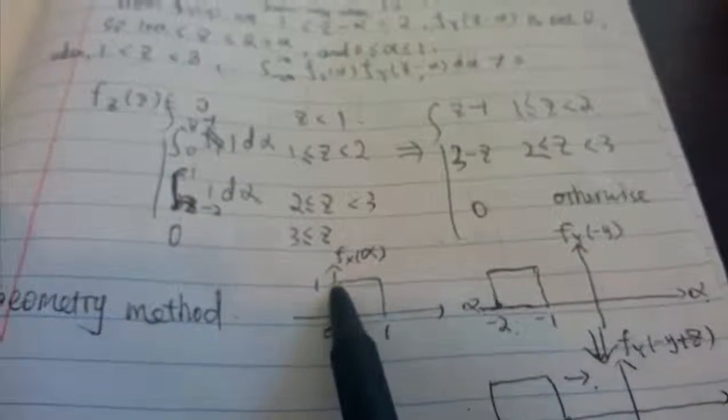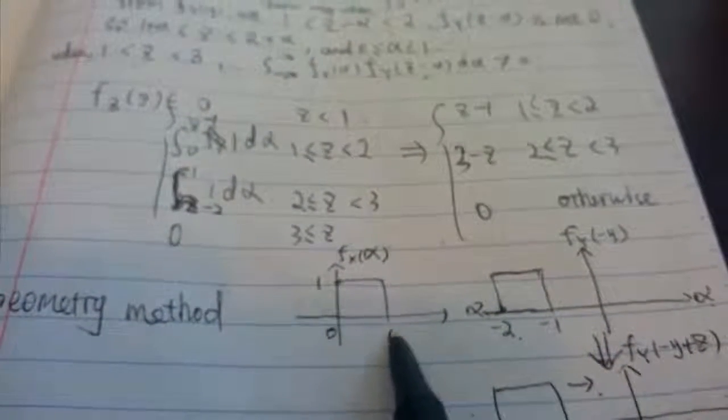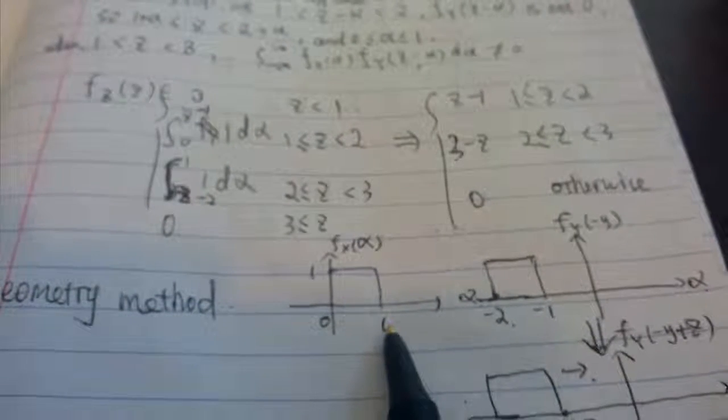The second problem is we need to do this convolution with the geometric method. I draw the function here, and it's f_X of alpha, and we could say it's a uniform distribution from 0 to 1.